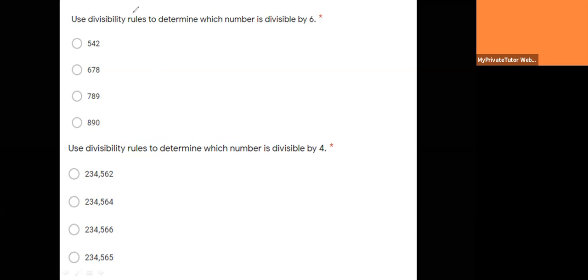So who will answer the next question? What is the divisibility rule for 6? It has to be divisible by 2 as well as 3, isn't it? So what might be the answer? Anyone?